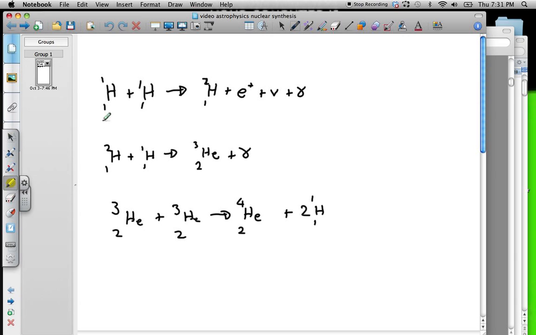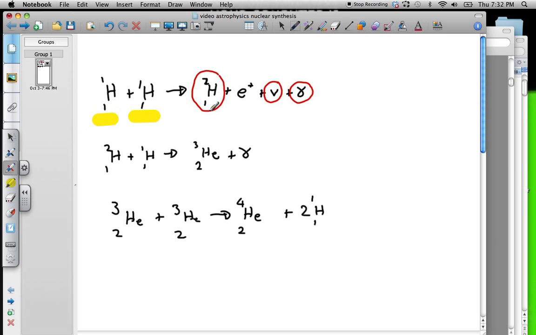So we start off with regular hydrogen, and it fuses with another hydrogen. This is your normal isotope of hydrogen, and it forms something called deuterium, and in the process it gives off a positron, a beta plus, and a neutrino, and gamma radiation.